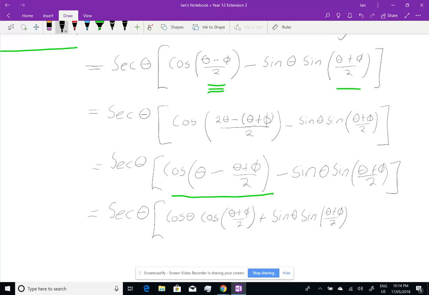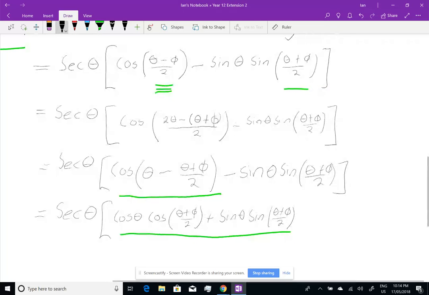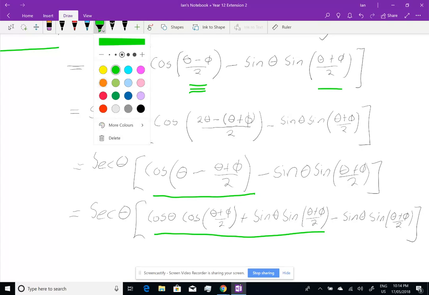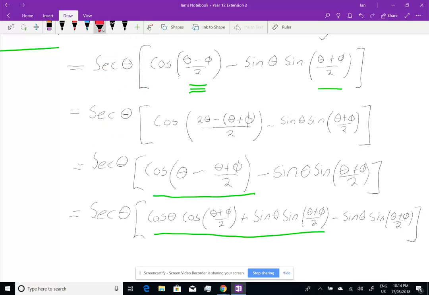Now that's all that green bit. Those two bits are the same. Cos. Then I've got minus sine theta plus phi on 2. Right, and watch this. Here we go. Now we're almost there. That and that cancel each other out. That and that cancel each other out.